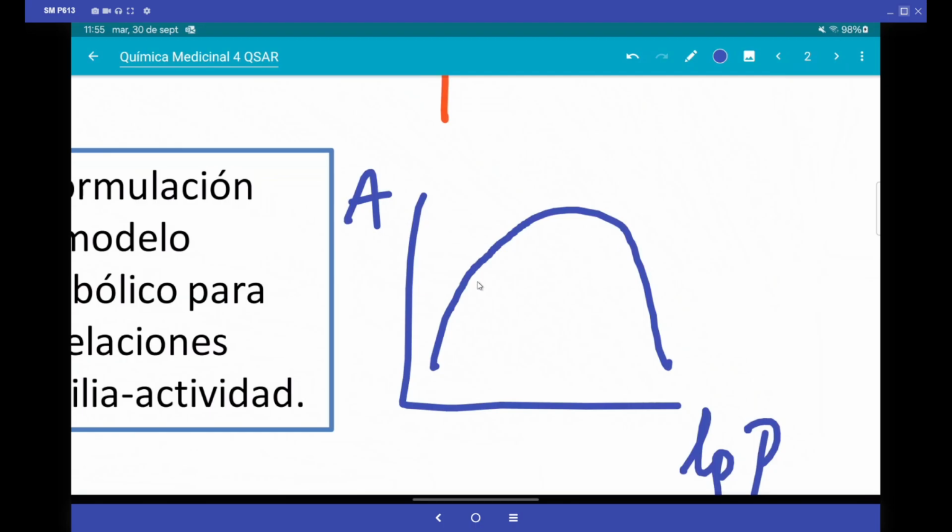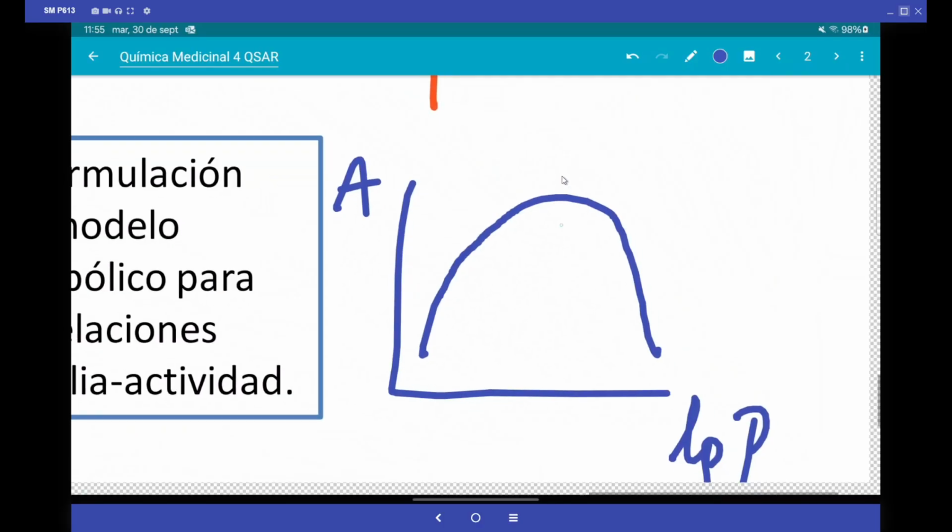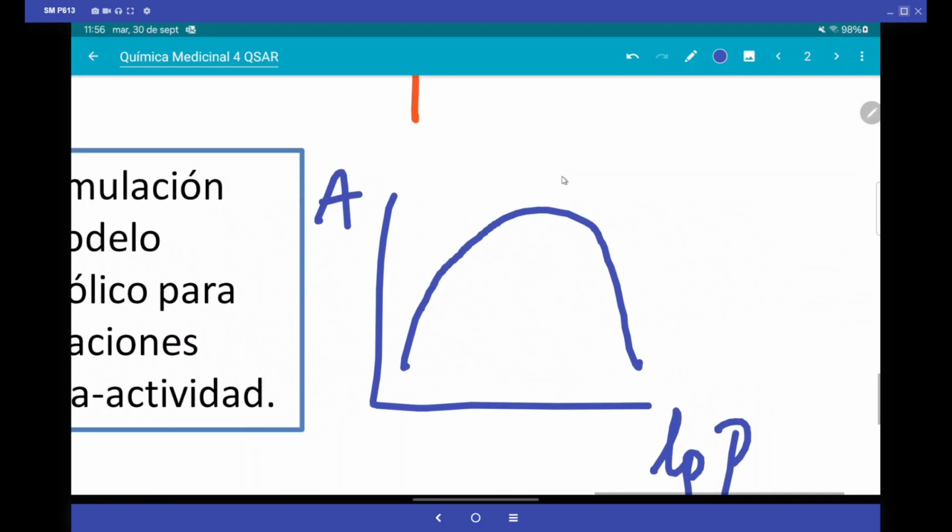In this equation, it would not be so difficult to calculate the optimal lipophilicity. We would have to obtain the derivative of that curve to have that maximum value, that is, the value where the derivative goes to 0.